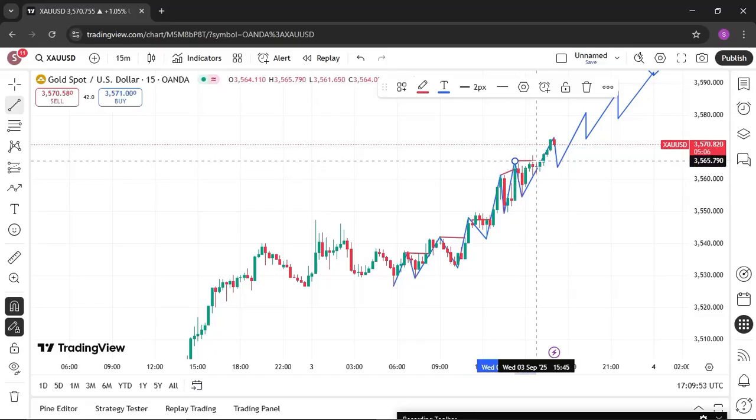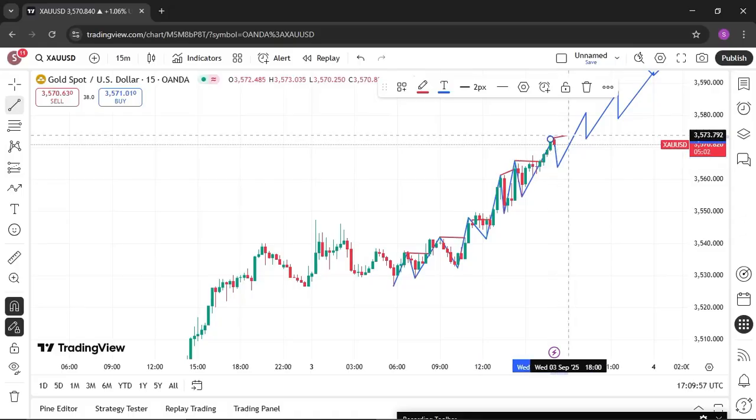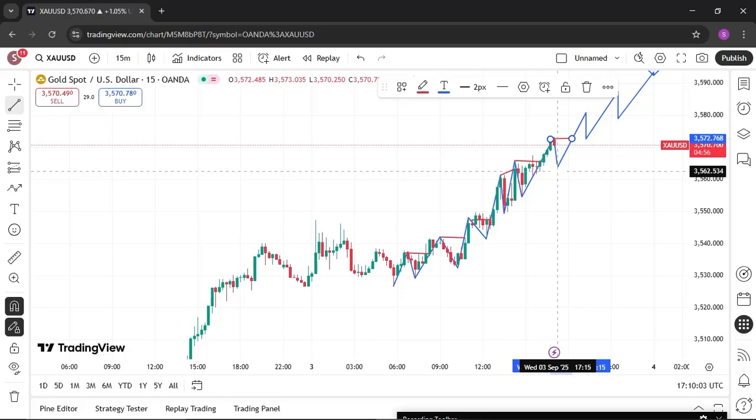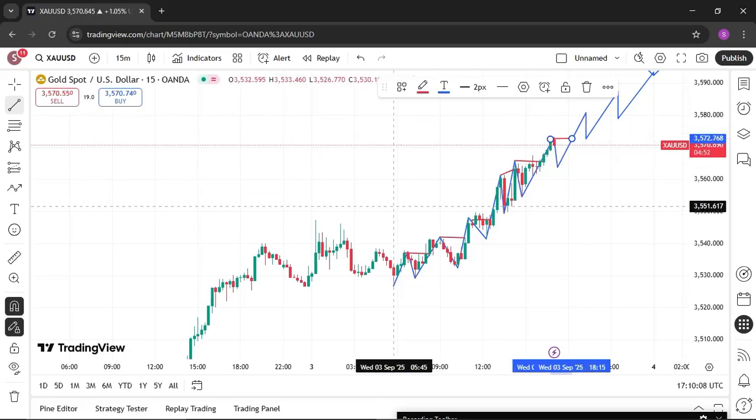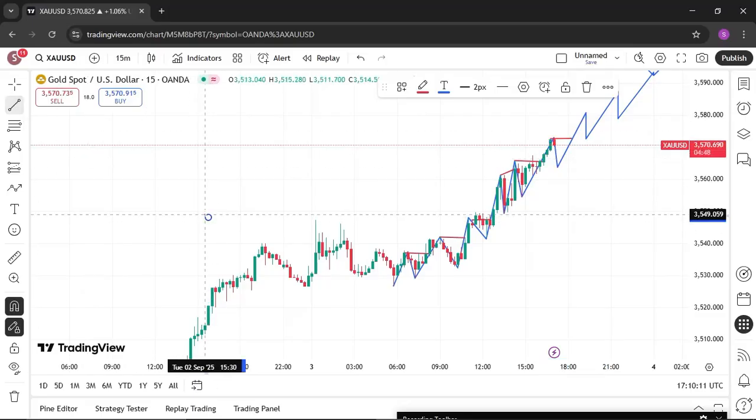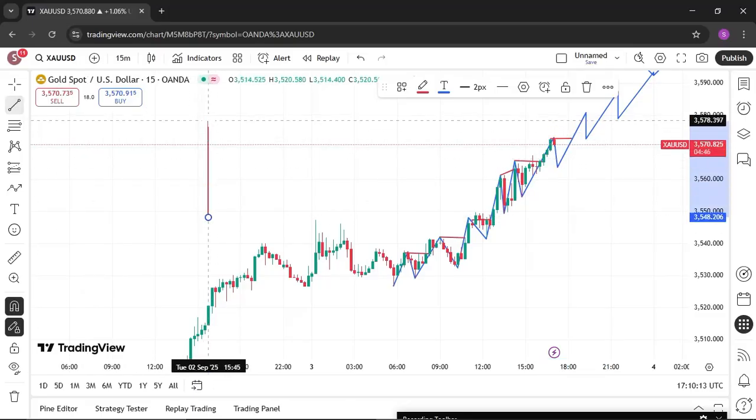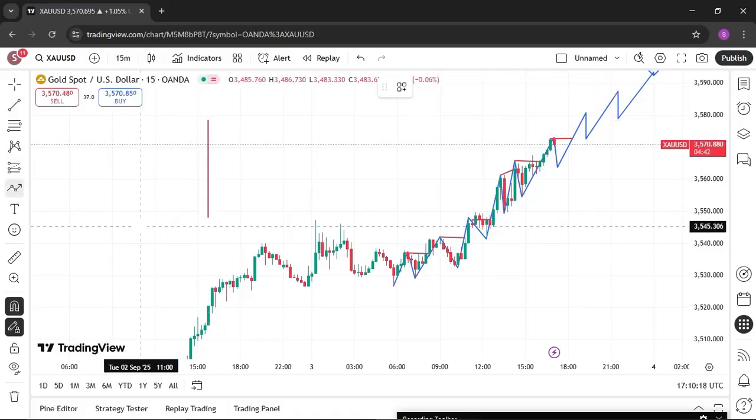As you can see, the market is coming back just like I said. So it's going to come back a bit before moving. Market doesn't move in an upward direction, starting here and moving in a straight line. No, market moves in a zigzag direction.